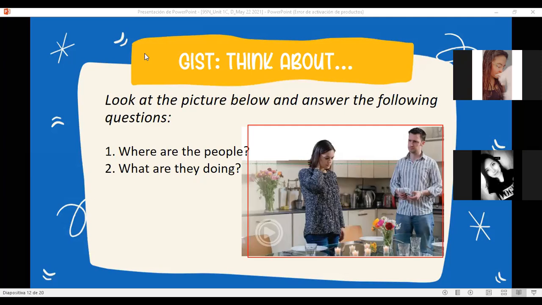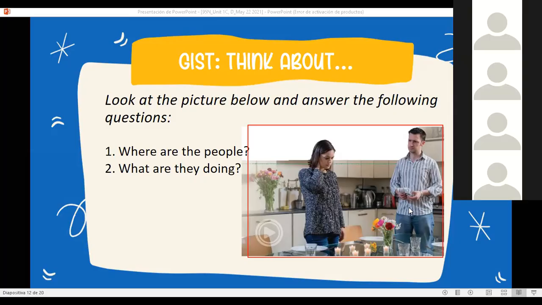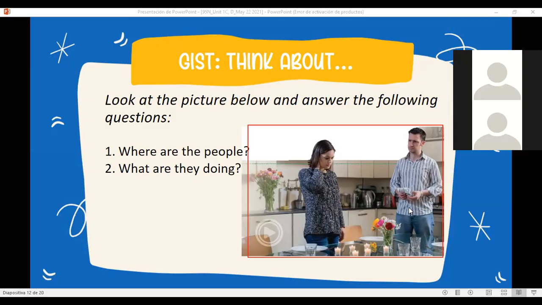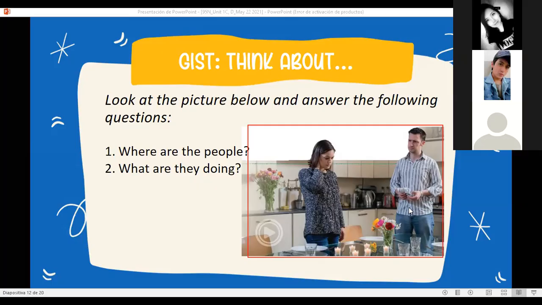Very good. What about you, Miguel? What do you think they are doing? Or what's going on in this situation? They are arguing about the flowers. Okay, maybe they are arguing about the flowers. Yes, that's a good one. Están discutiendo, ¿no es cierto? Están hablando sobre las flores.